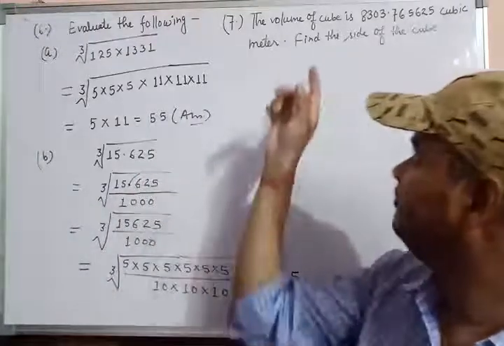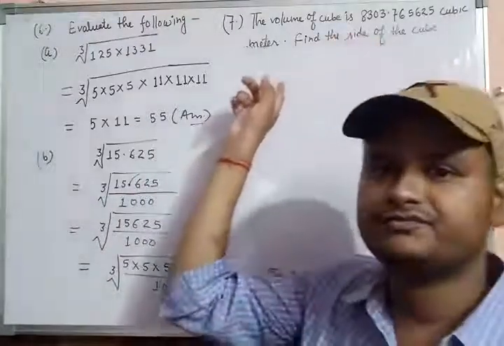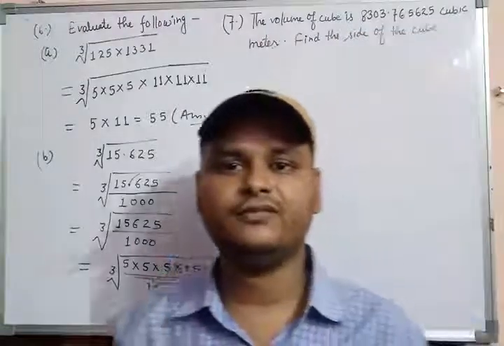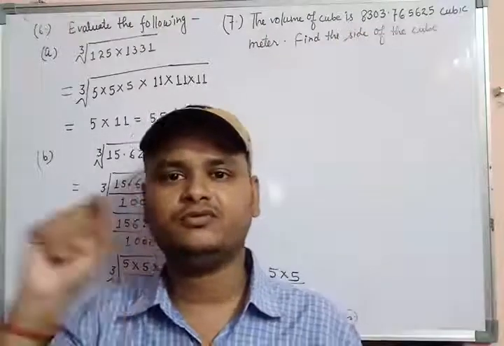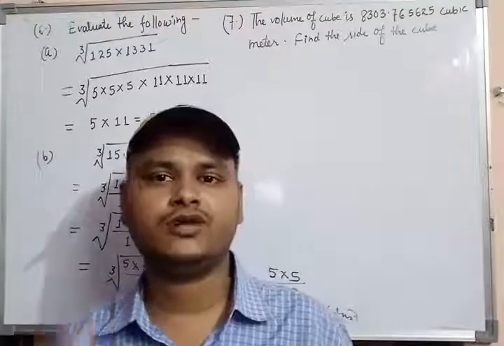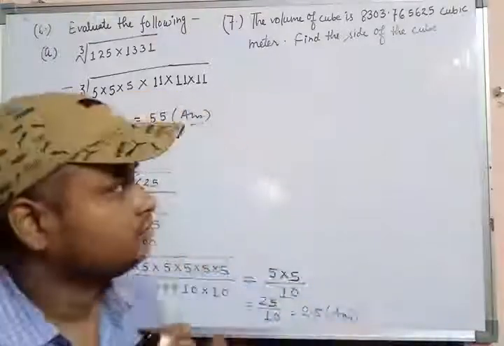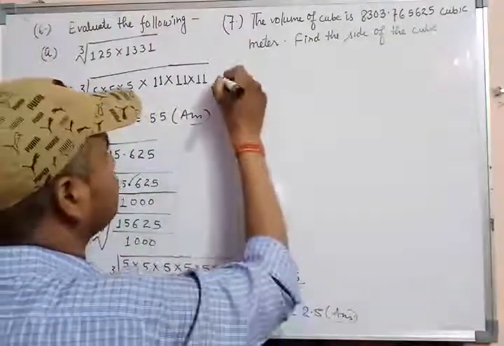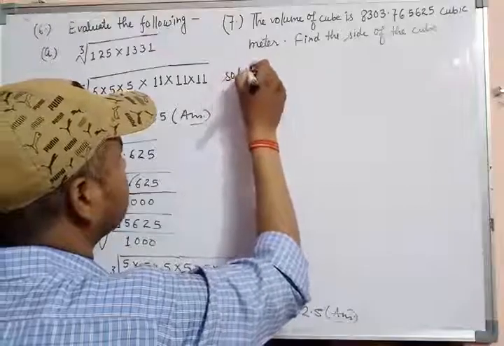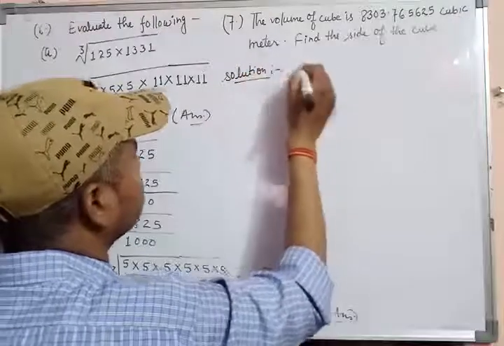So if you want to find the side of the cube, then the formula of the side of the cube is cube root of volume. You have to find the solution.